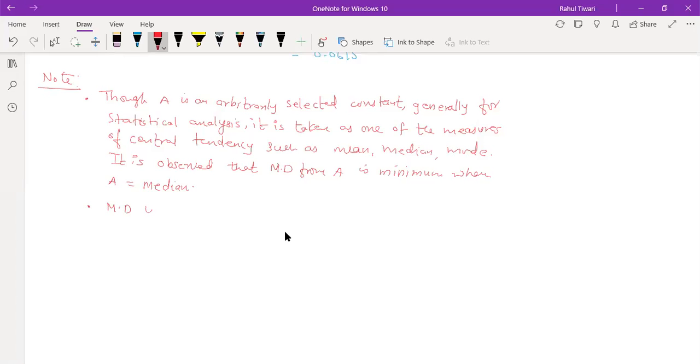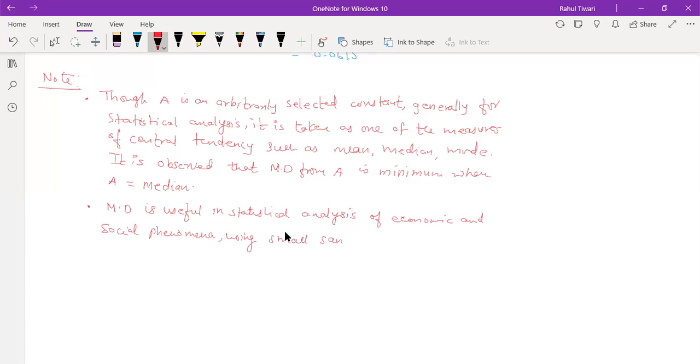So MD is useful in statistical analysis of economic and social phenomena using small samples.